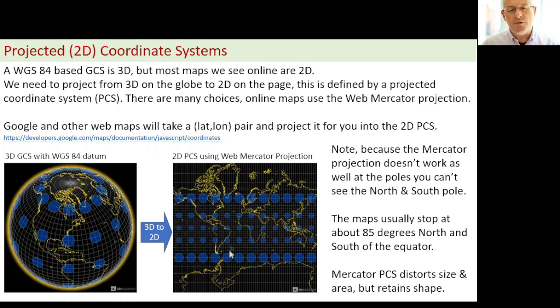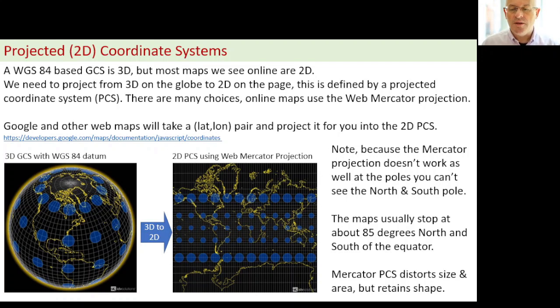It has that nice property that wherever you look on the globe, the same shape on the same patch of Earth will be the same, even if it's a different size. It doesn't work particularly well at the North or South poles for the purposes of mapping. It does work, but it doesn't work particularly well. And therefore these tend to cut off at around 85 degrees north and south of the equator. So you don't see the North and South poles.